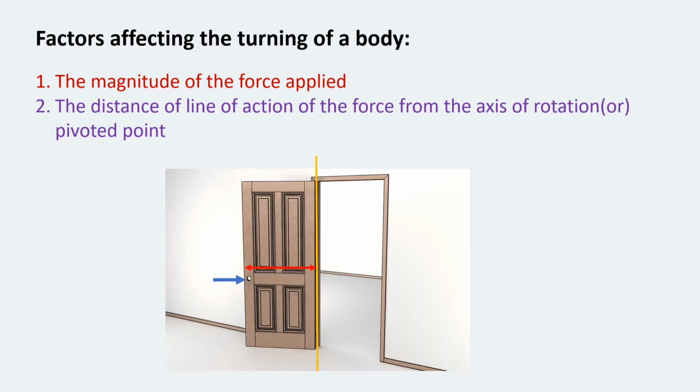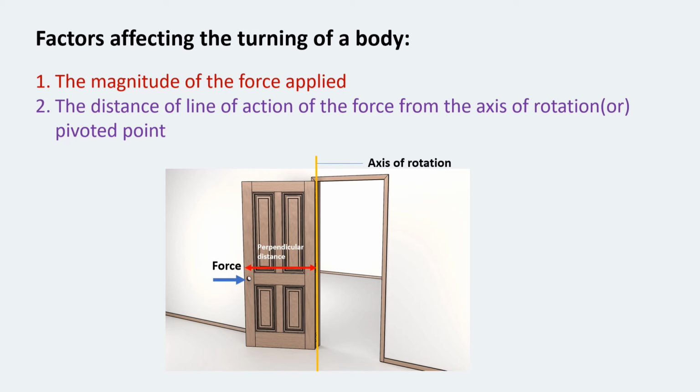For example, you can see here, the blue arrow indicates the magnitude of the force applied. And the perpendicular distance is the distance from the force applied to the axis of rotation, or the fixed point. The yellowish color indicates the axis of rotation. So these two factors affect the turning of a body.